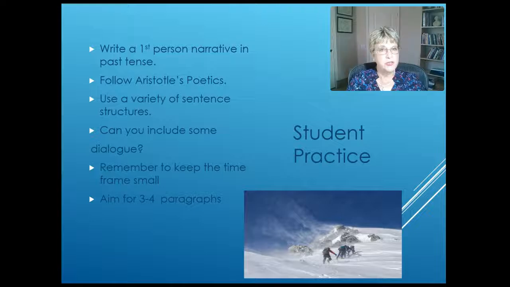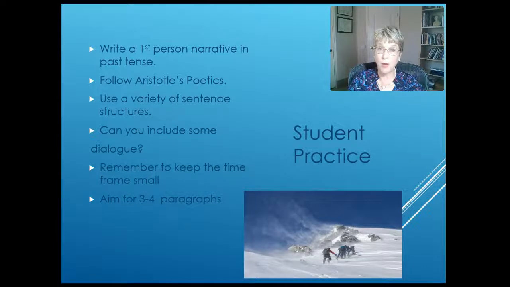I want to remind you to use a variety of sentence structures. Use your simple sentences, your compound, your complex, and your compound-complex. But I would highly suggest that you begin your narrative with a simple sentence. Can you include vivid description when you do? Remember to keep the time frame small. You are not writing your autobiography.